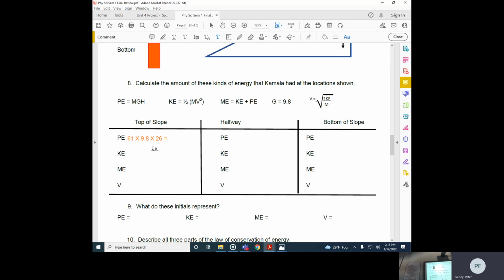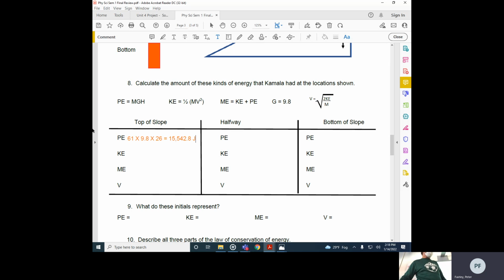Yeah, just keep going. Don't stop. Good job, you guys. What unit is this? Joules. And did you get more than 15,000 for your answer? Yeah. Then we have an easy one.